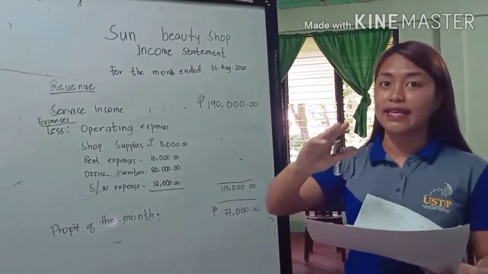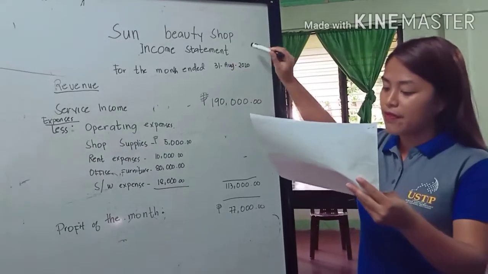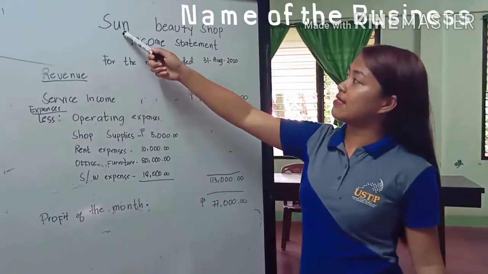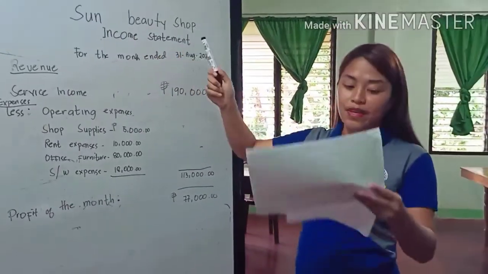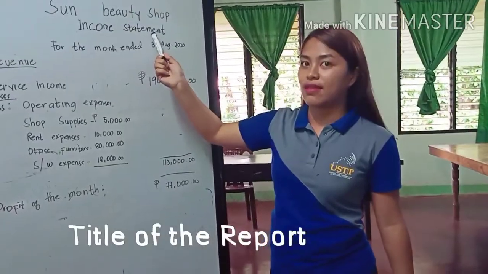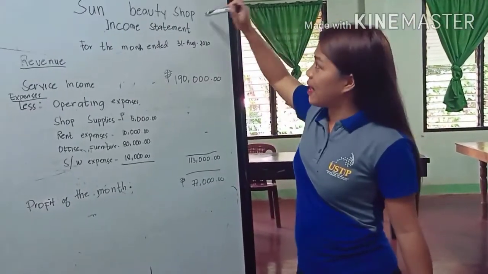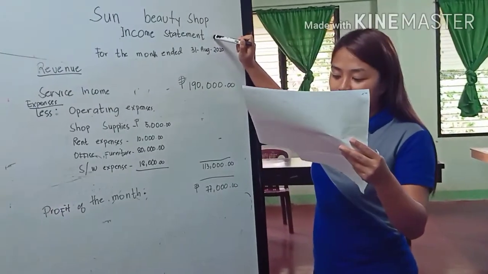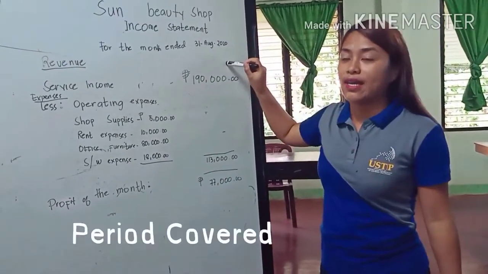And for the headings of our income statement, the heading of the income statement is the name of the business. The name of the business is Sun Beauty Shop. And the title of the report, income statement. Do not forget the name of the business, the title of the report, and the period covered by the report.